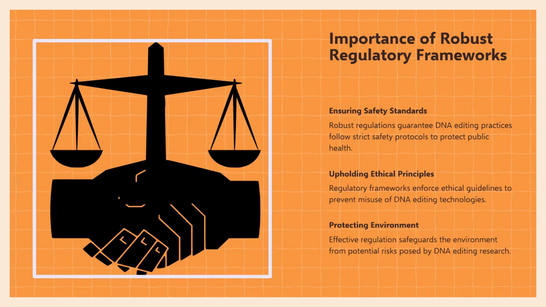There is only approved use in research and medicine and agricultural procedures. But it is important that there is an institution that only focuses on DNA editing and the practices that are going on worldwide.